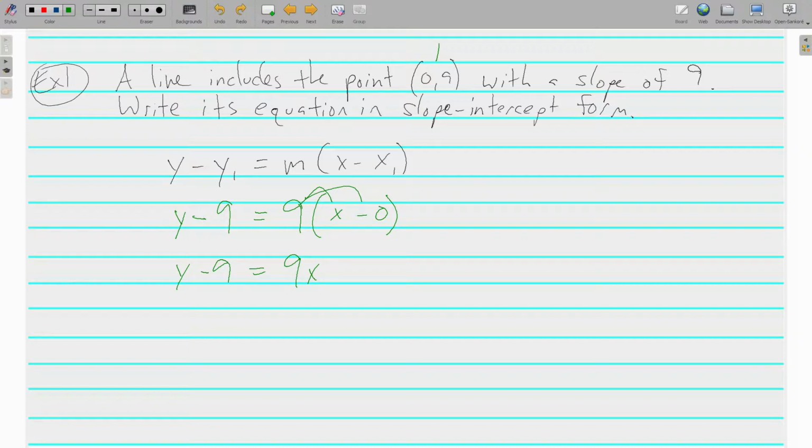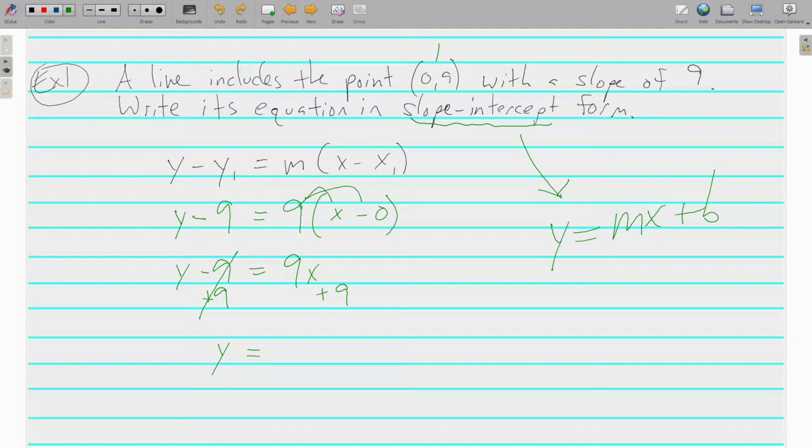Now remember, we're trying to get to slope-intercept form, which is y equals mx plus b. Basically, it means we need the y by itself, followed by the mx. The mx should be the first thing on the right side of the equal sign. But for right now, we've got to get rid of this negative 9 so that the y can be by itself.